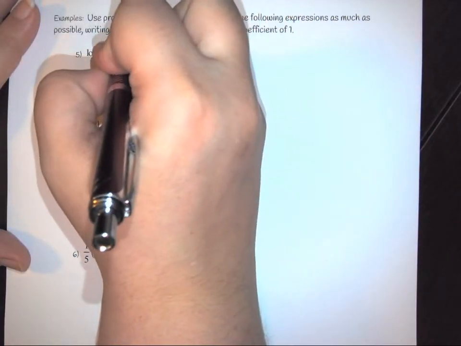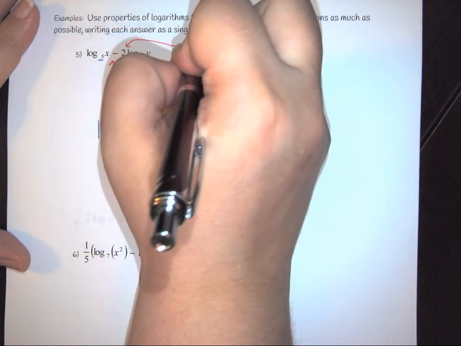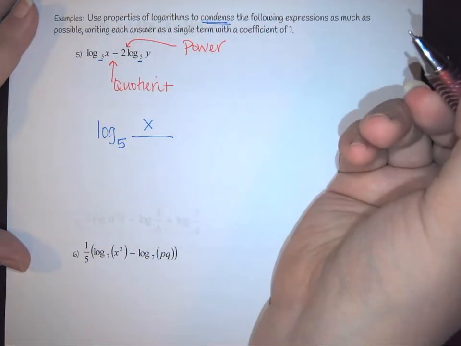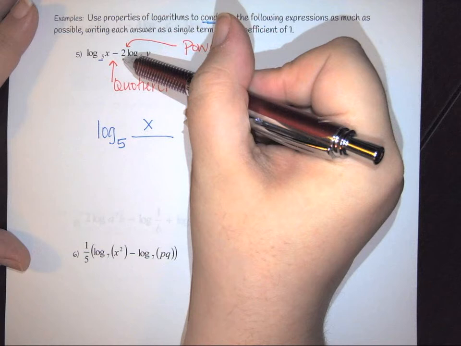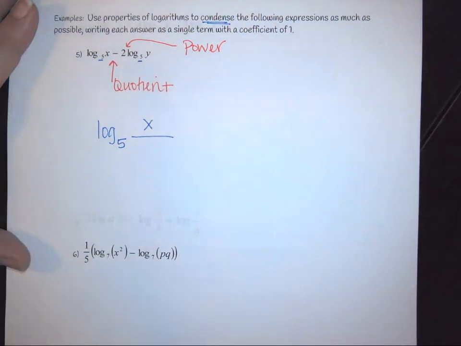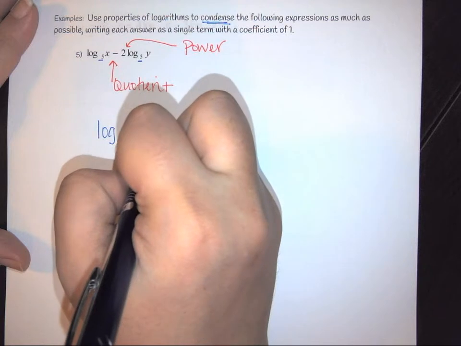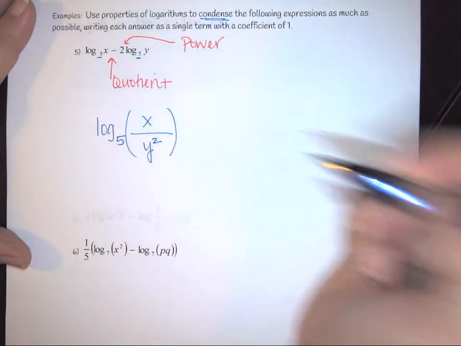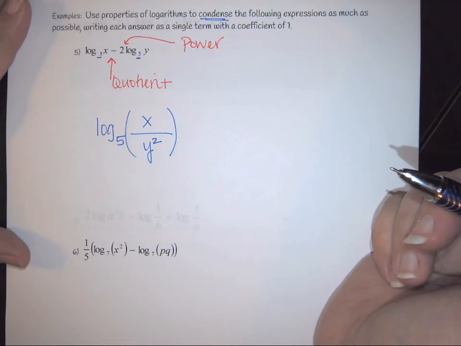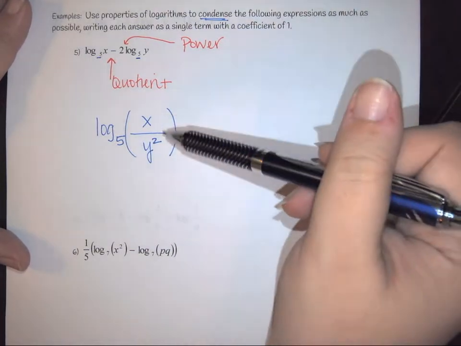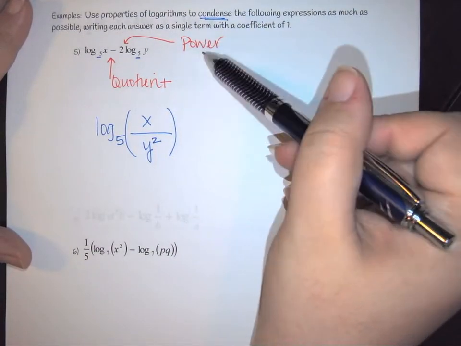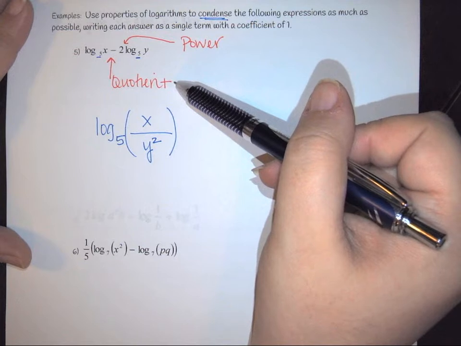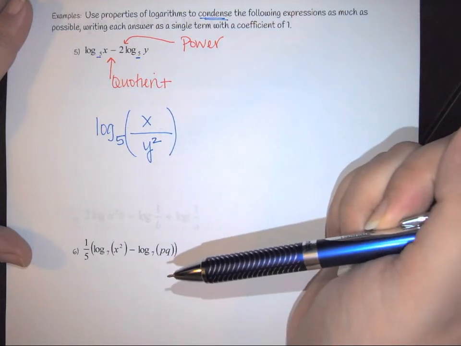And here, this 2 has to then follow the power rule, which says it has to go back to being a power. So this becomes y squared. You can put these in parentheses if you need to, or not, but essentially we had to reverse these 2 rules in order to create that most condensed form.